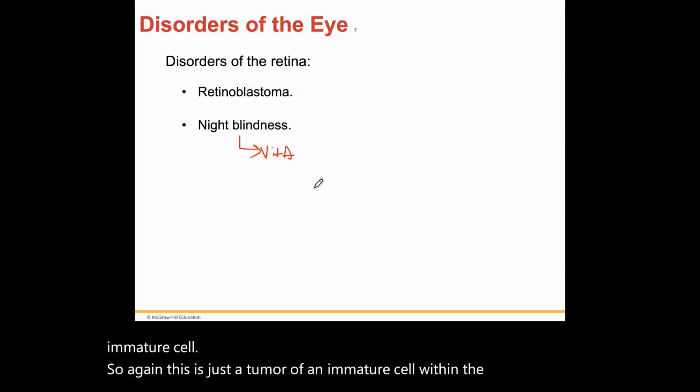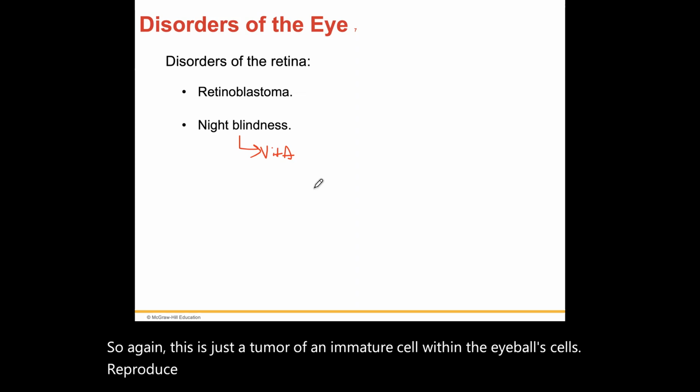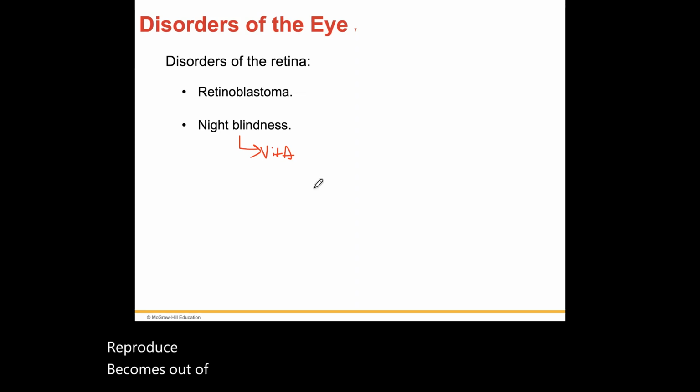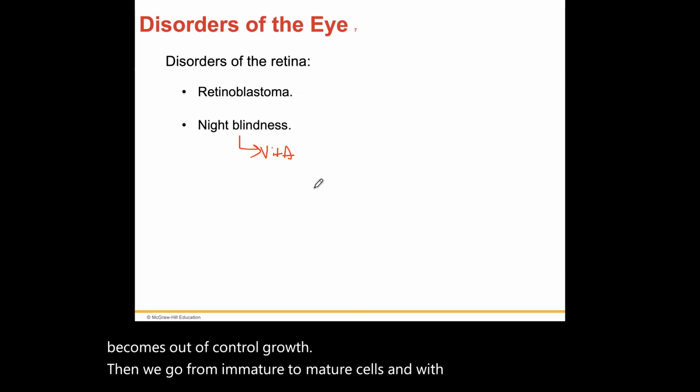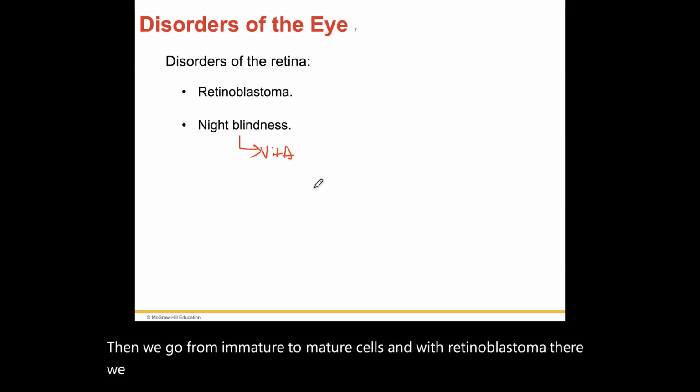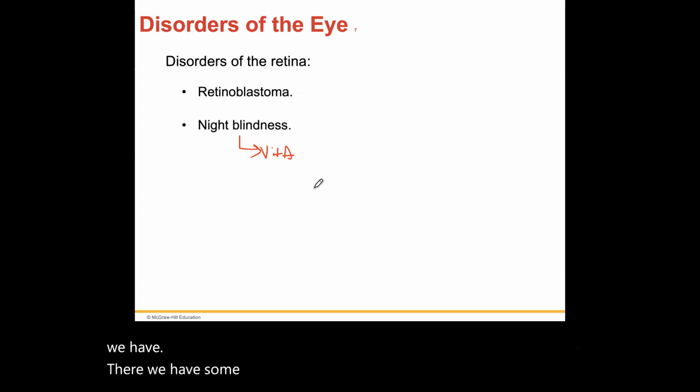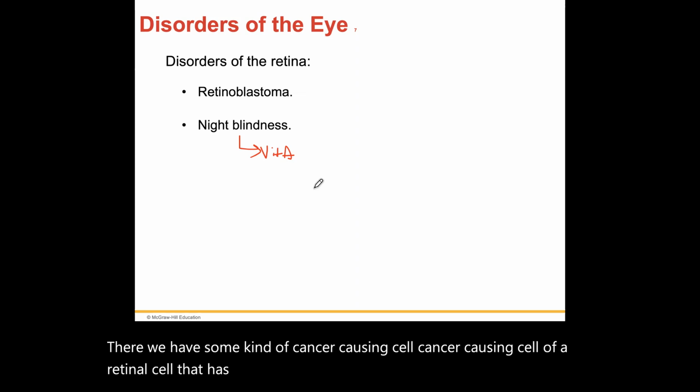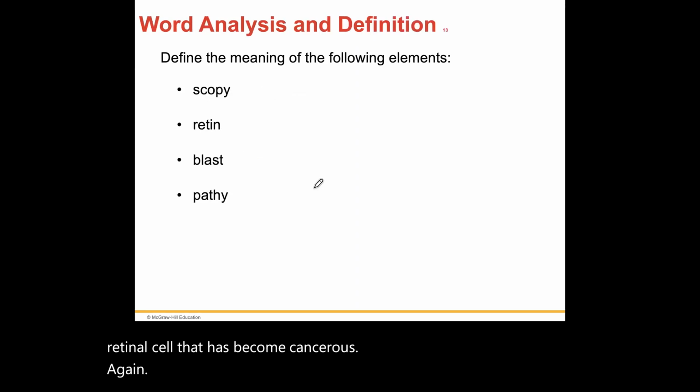As cells reproduce, it becomes out of control growth. Then we go from immature to mature cells, and with retinoblastoma, we have some kind of cancer-causing cell, a retinal cell that has become cancerous. Again, obviously not a good situation.